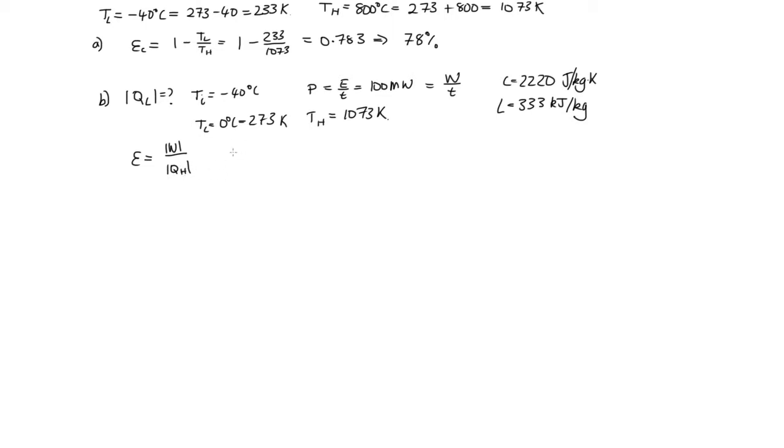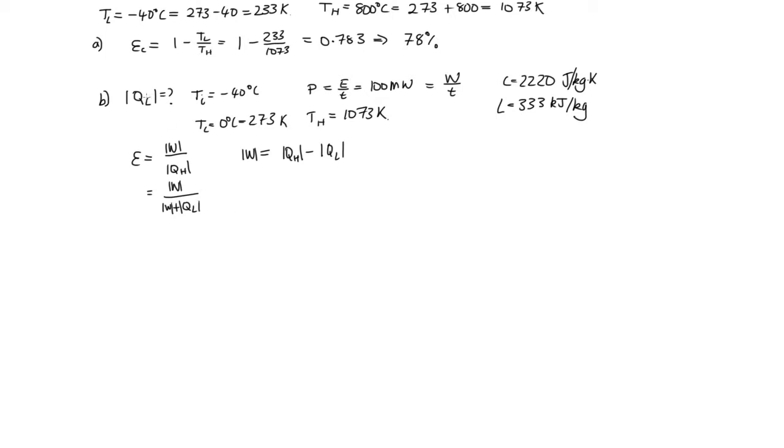But we know the relationship between this and the heat released to the low temperature reservoir, because around a cycle the work done is equal to QH minus QL. So what we can do now is replace QH here with W plus QL. So our efficiency is equal to W over W plus QL.